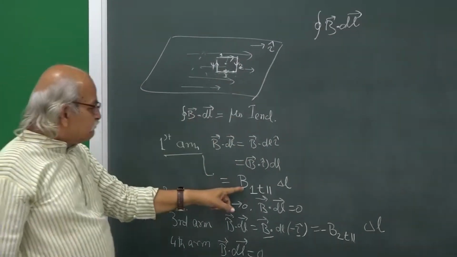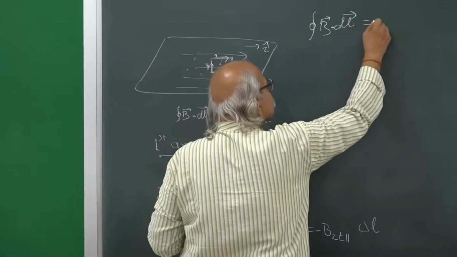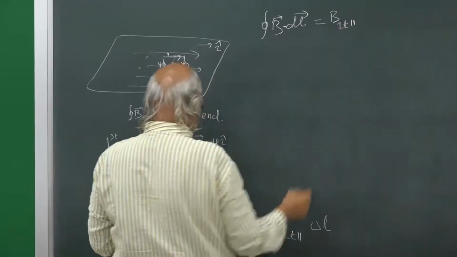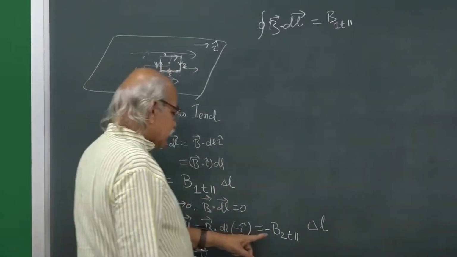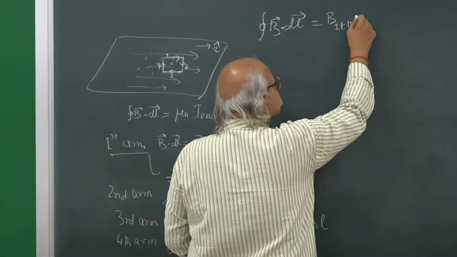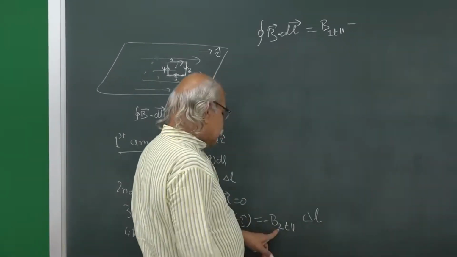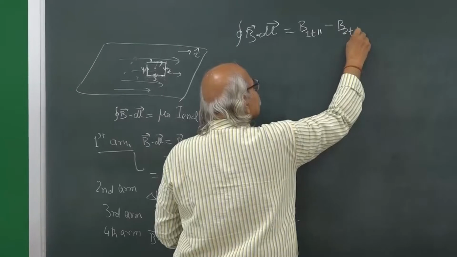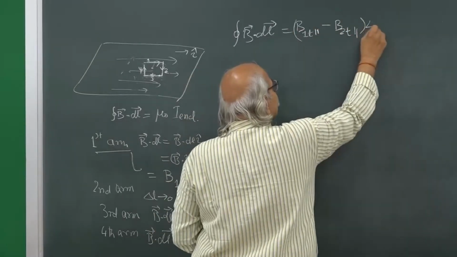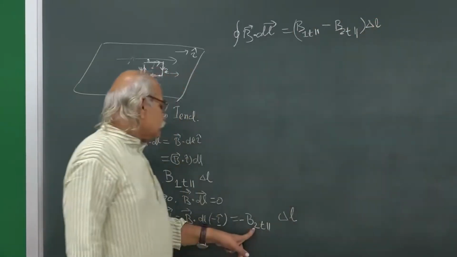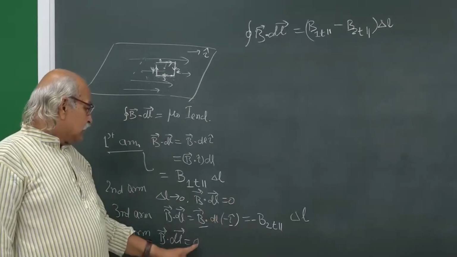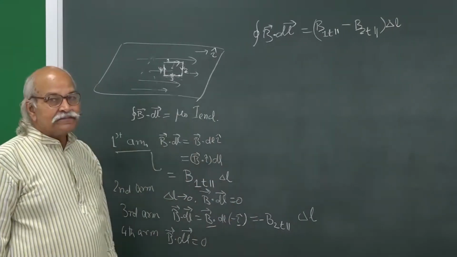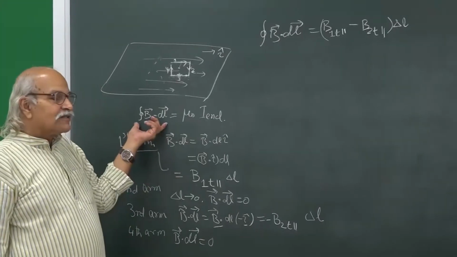So, it is B1 tangential parallel to the current, delta L, and minus B2 tangential parallel to the current, delta L. The other two are 0, add, you get this. That is our left hand side.